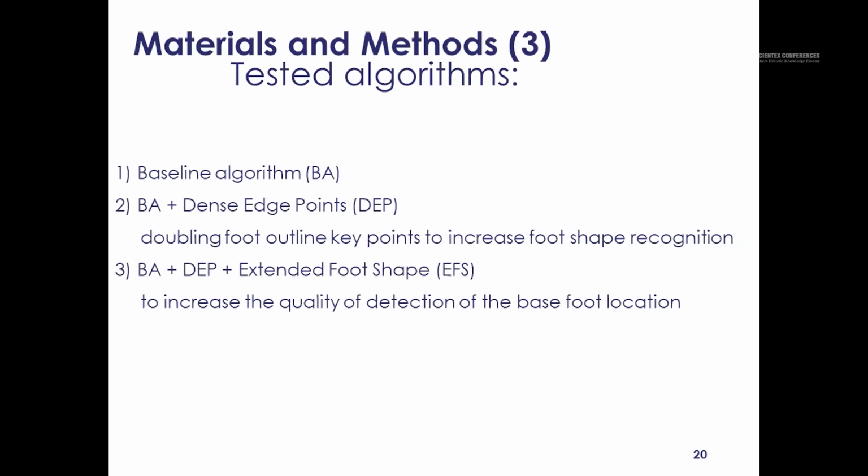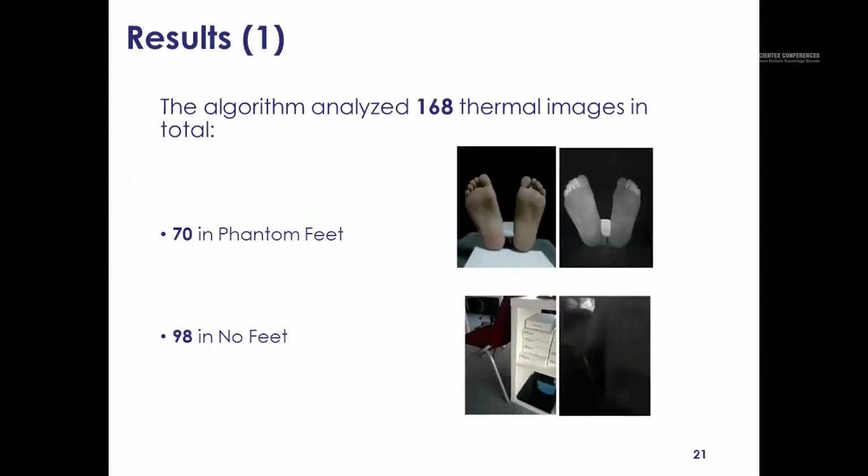Later, we tested the ability of our algorithm to detect and evaluate potential inflammation regions in the thermal images. The algorithm analyzed 168 thermal images in total, 17 phantom feet and 98 in no-feet datasets.